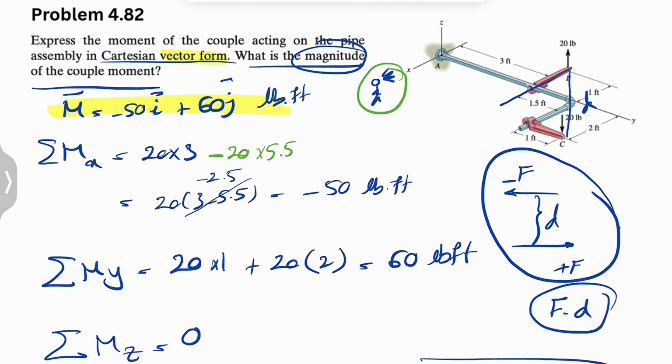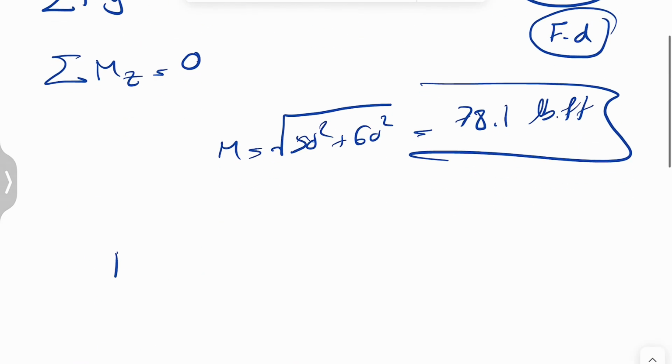We just have to make that right triangle here, where this side is 2 plus 1, so 3 feet, and the other side is 1.5 plus 1, or 2.5. So the magnitude would simply be F times d.